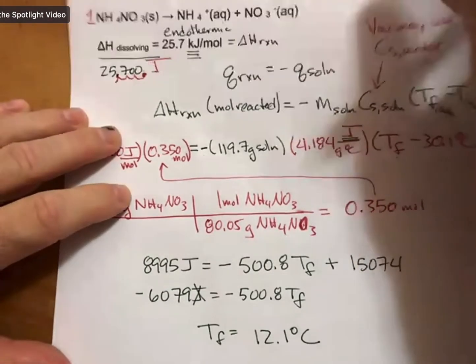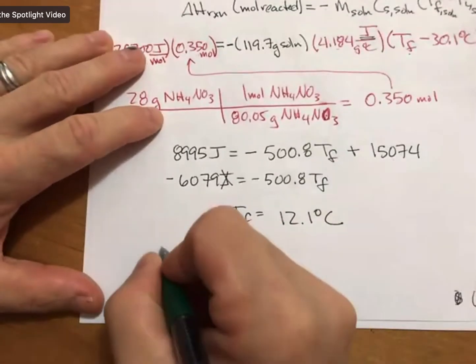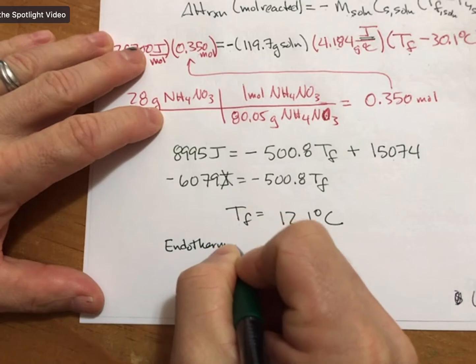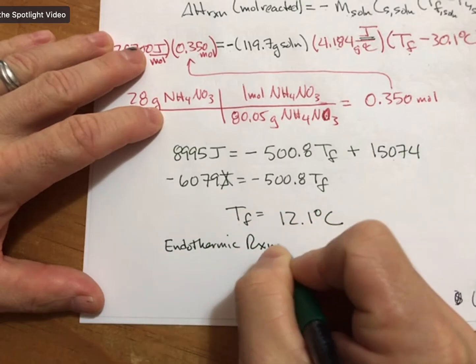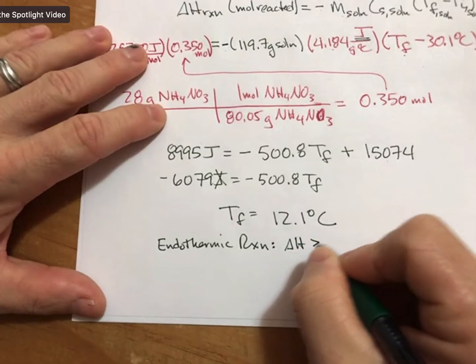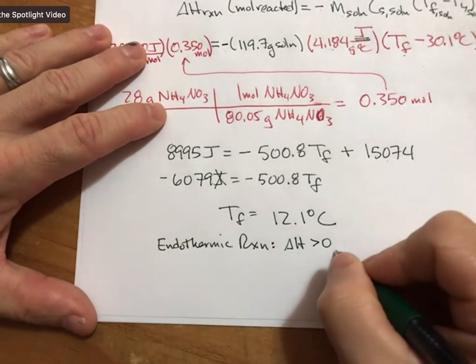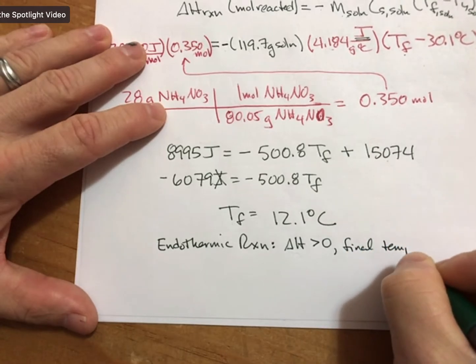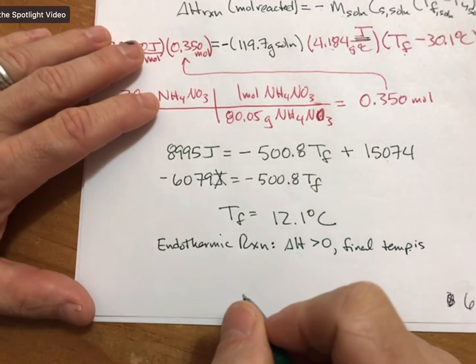So let me just make this note. Endothermic reaction: delta H is positive, final temperature is lower.